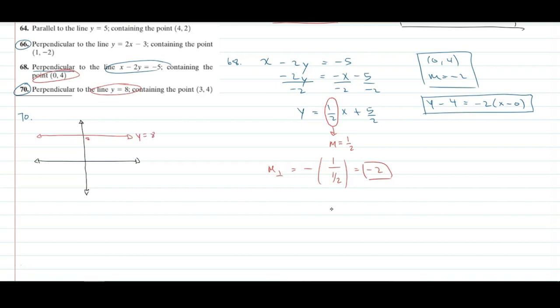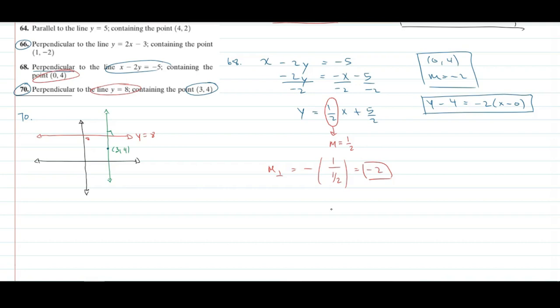And your line is perpendicular to this line, and it's going through 3 comma 4. So 3 comma 4 might be somewhere over here. Here's 3 comma 4. And your line, not only is it going through 3 comma 4, it is also perpendicular to that other line. So they make a 90-degree relationship.